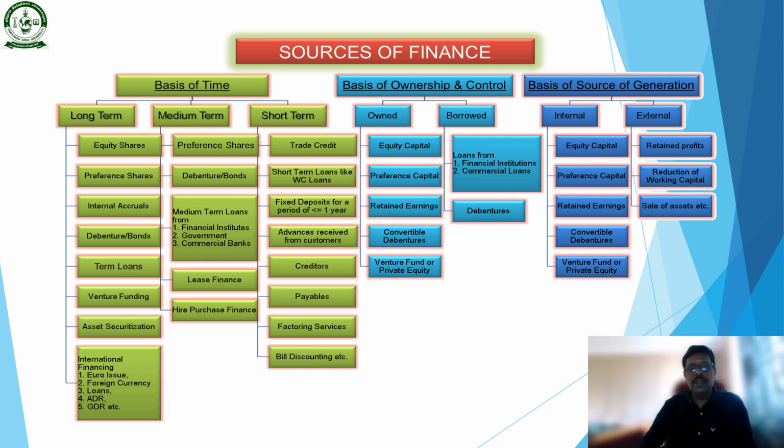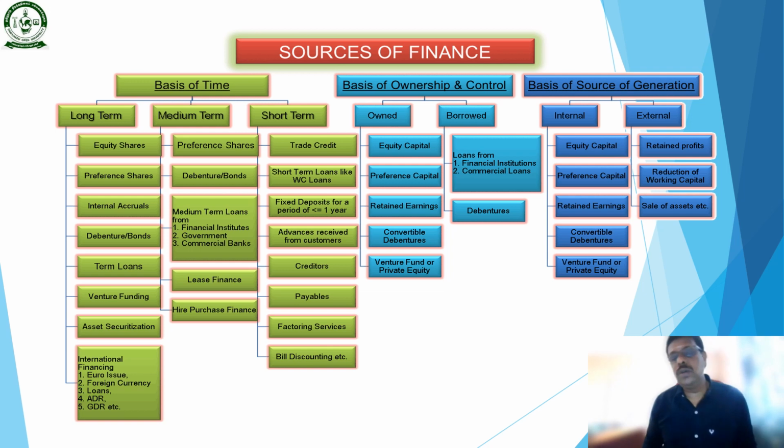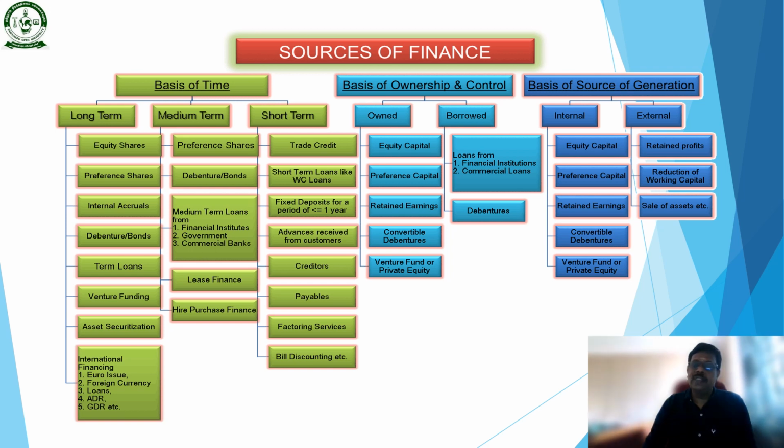The debentures can easily convert into shares, venture funds. The external funds: retained profits, sometimes the profits have to be disposed to shareholders as a dividend. Reduction of working capital and sale of any assets are external generation of sources.